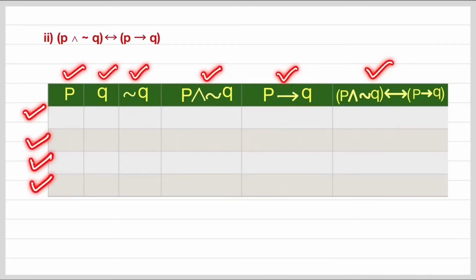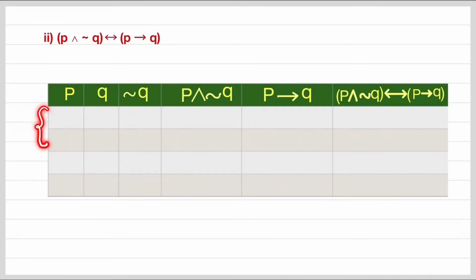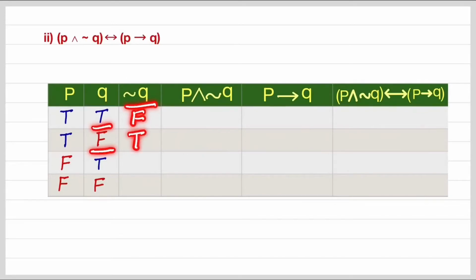As usual, for P, we have to take first 2 values true and last 2 values false. And for Q, we have to take 1 true, 1 false. Repeat it. Now negation of Q: when statement is true, its negation is false, and when statement is false, its negation is true.